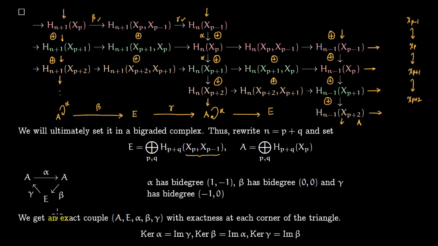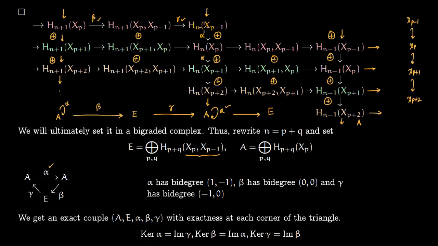You have two things. You have A and E as the modules. So A goes to A goes to E goes to A, and then you have alpha, beta, and gamma, precisely like this. So A goes to A, this is alpha right here. After you apply alpha, you apply beta to land in E. Again, then you apply gamma to land in A. Then again, you have to apply alpha, because the way we are working is via long exact sequence. You just pick one long exact sequence.